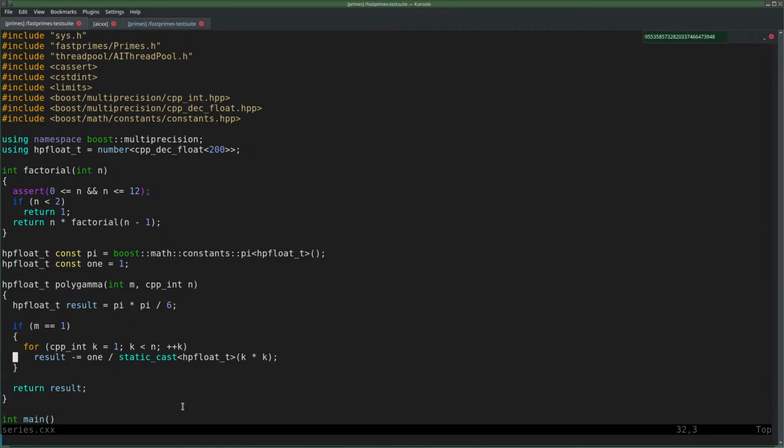I bet it's just a polygamma. I mean, if I ask Wolfram Alpha, it's going to say that it is polygamma, which it is. So that won't help one bit.